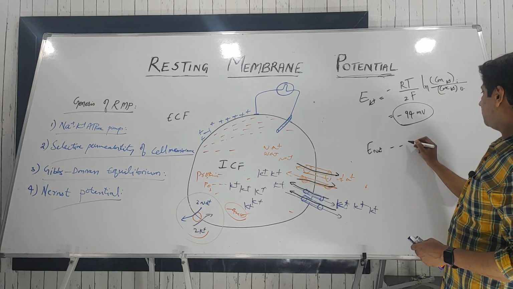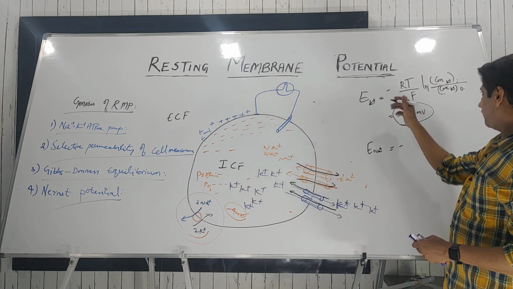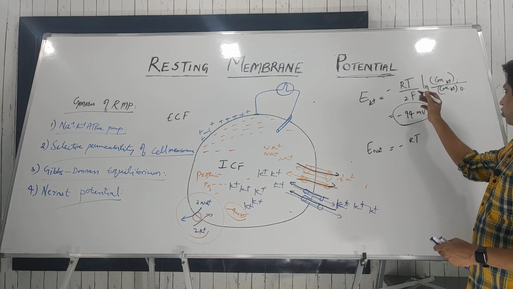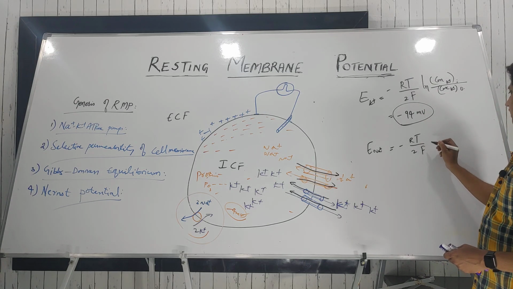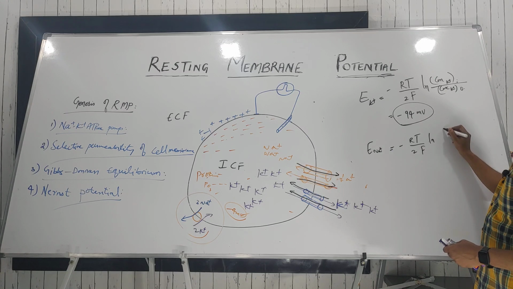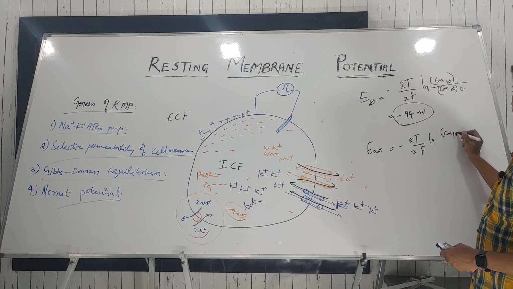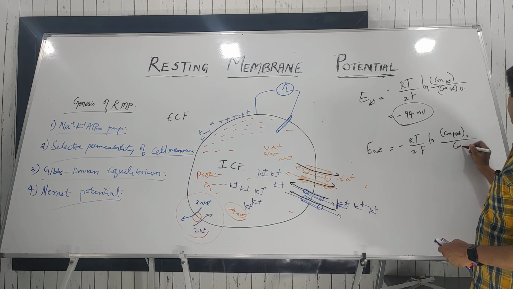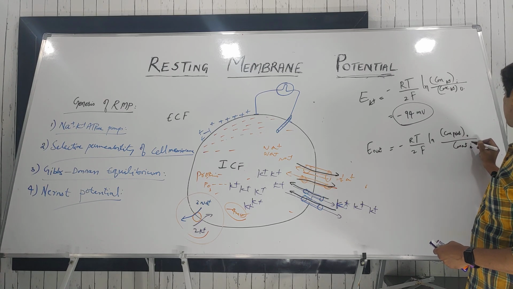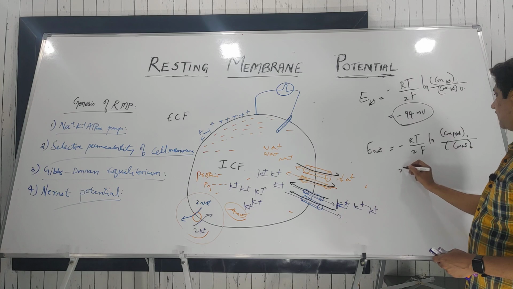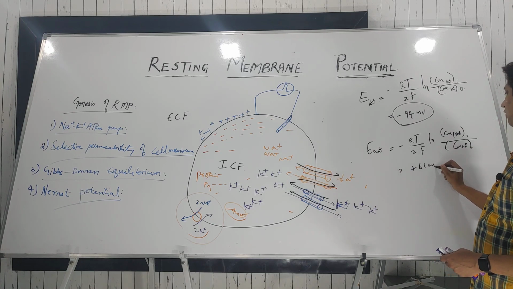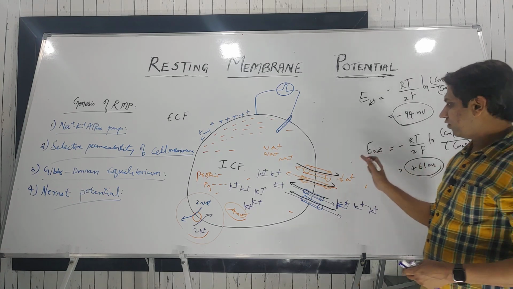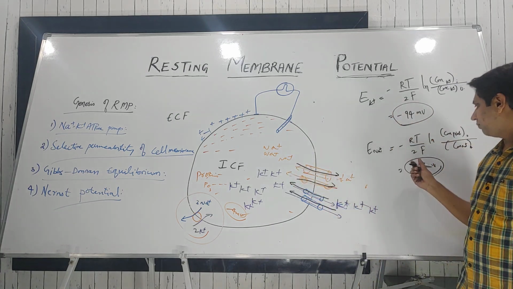It is given by the formula minus 2.3 RT by ZF, logarithm of the concentration of sodium outside to the concentration of sodium inside. If we calculate, it will be plus 61 millivolt. So the equilibrium potential of sodium will be plus 61 millivolt.